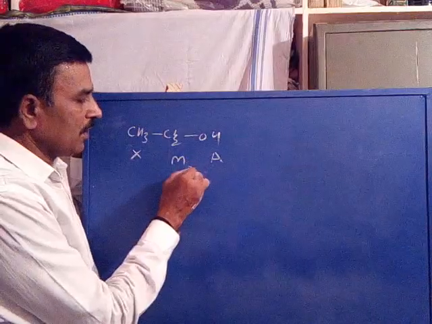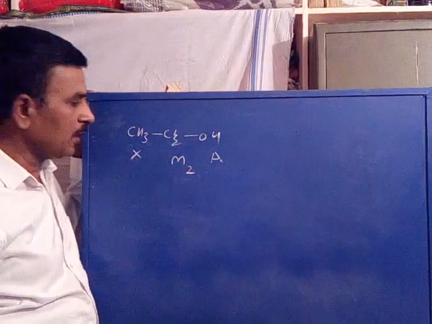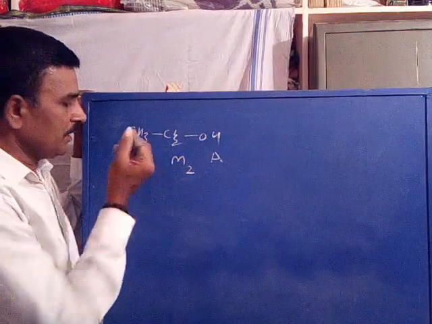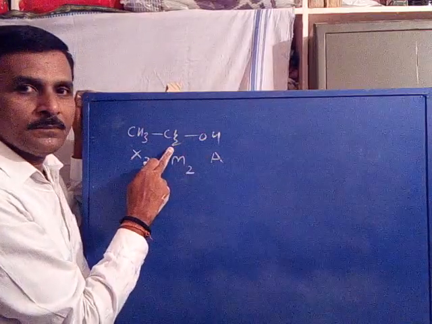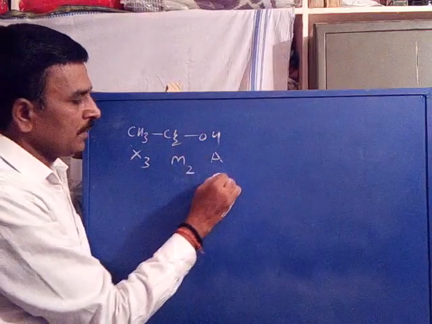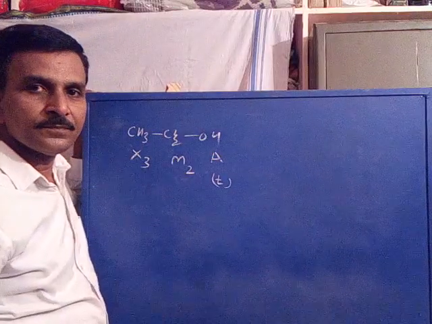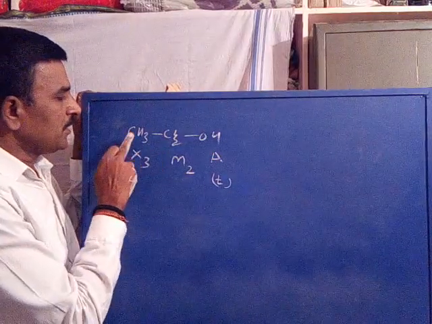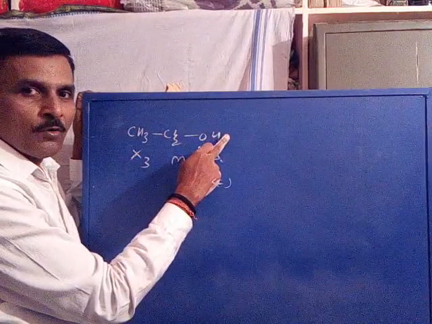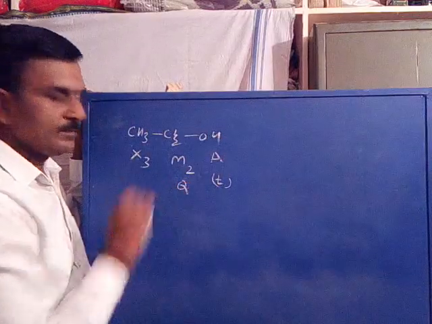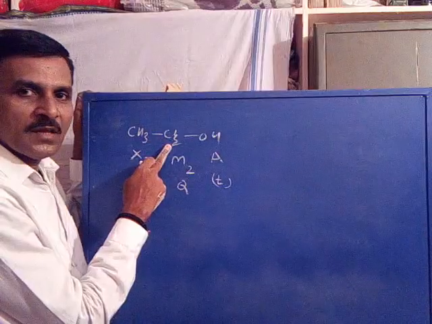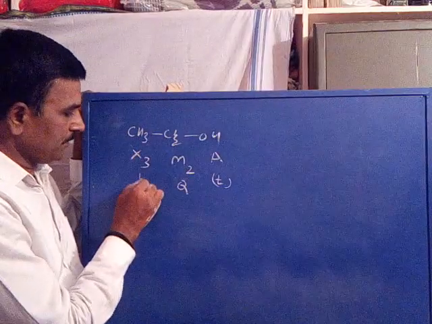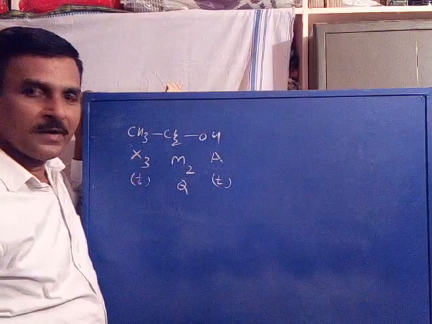M has two protons. X has three protons. Now A coupled with the CH2 protons appears as a triplet. M coupled with 3 protons and 1 proton, 4 plus 1, is a quintet. X coupled with only the M set of protons, that is CH2, 1 plus 2, appears as a triplet.